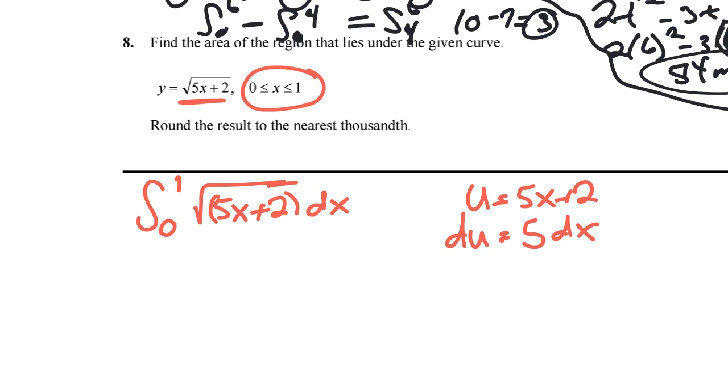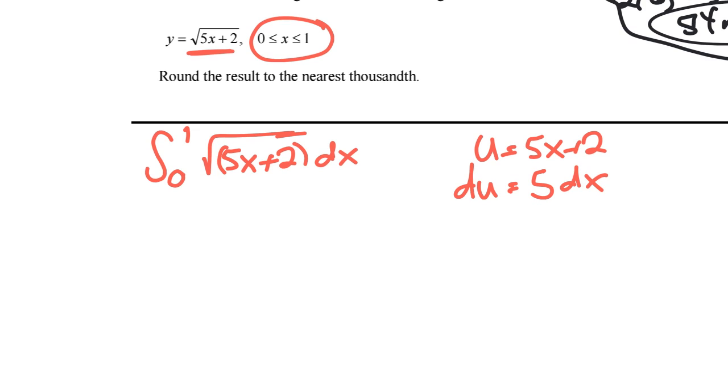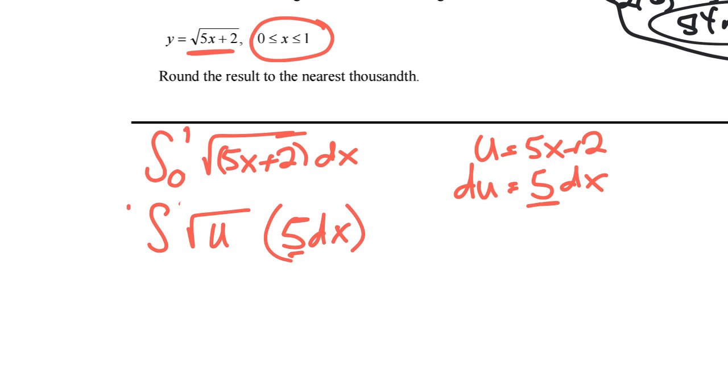Okay, so I need to do some substituting in. I'm going to take off the 0 to 1 for now because I'm going to change the variables, and so that wouldn't be the same. So this is going to be the square root of u, and I need a 5. There's nothing I can use, so I'm going to put a 5 dx there. And if I put it inside here, I can't just add this 5. I need a 1/5 out front.